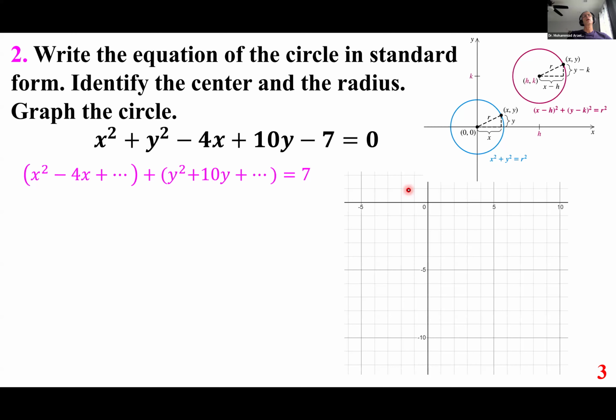And what do we do next? Very simple. Completing the square. For this one, b is negative 4, divided by 2 is negative 2, squared is positive, which means we're going to add 4 here and, of course, 4 here.